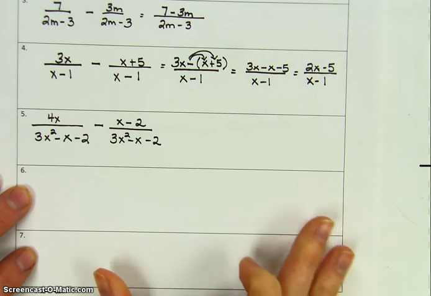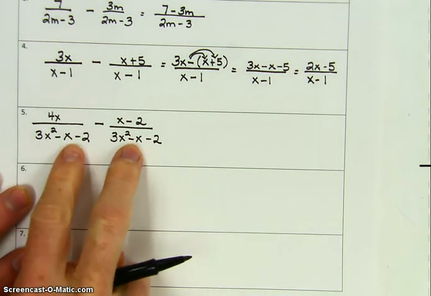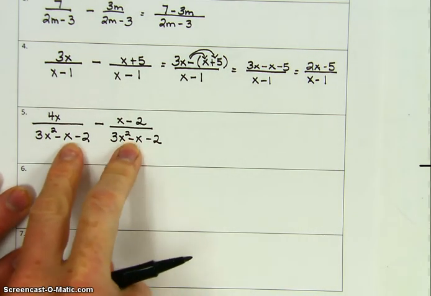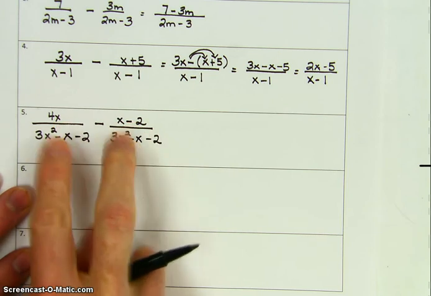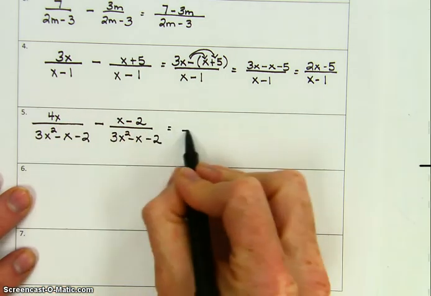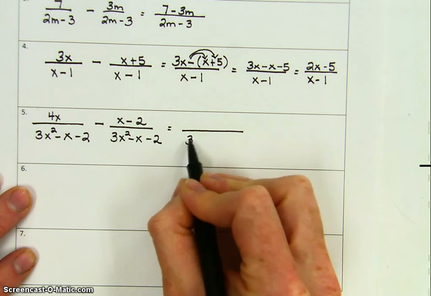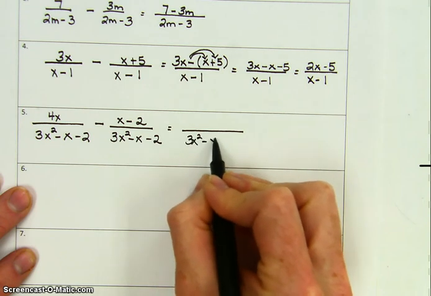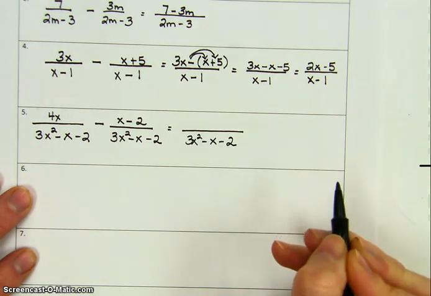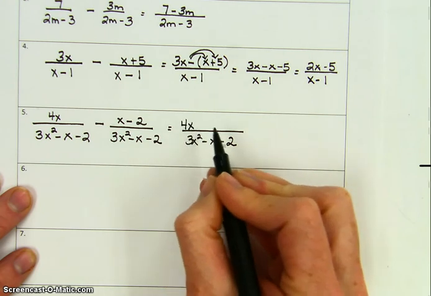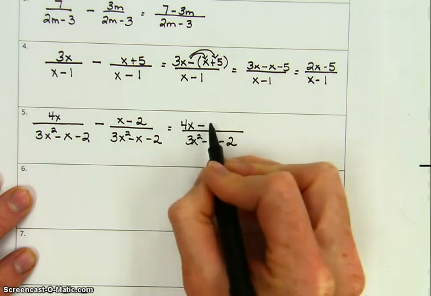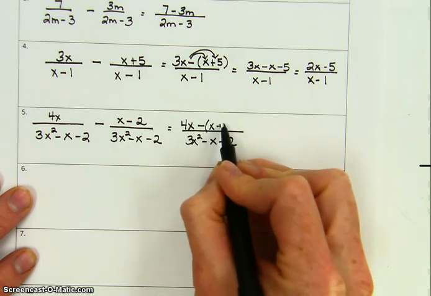Now, on this problem, you will see that our denominator is a trinomial, and you have to be careful with the trinomials. So we can, in fact, keep that denominator because it is the same denominator. We will have to deal with the top. So I'm going to say 4x, take away, parentheses, x minus 2.